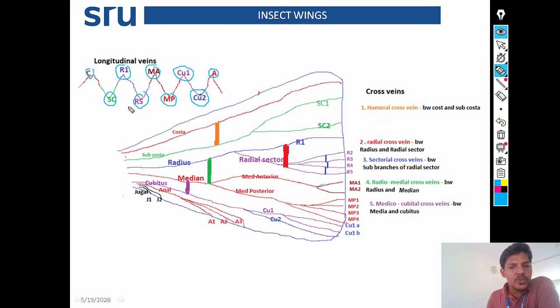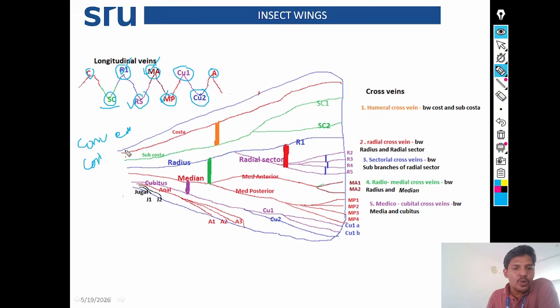All these are longitudinal veins. So costa, it is there at the top margin, that is a convex vein. Subcosta, it is there at the bottom margin, that is a concave vein. This is convex, this is concave, this is convex and this is concave.